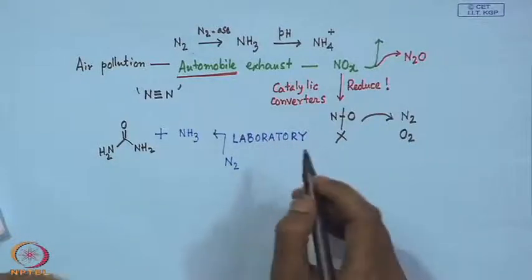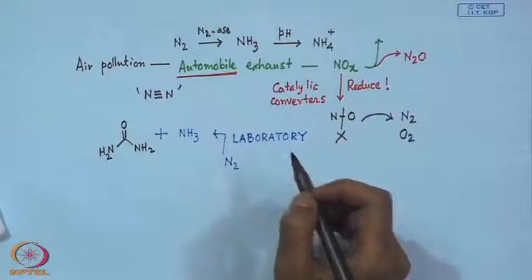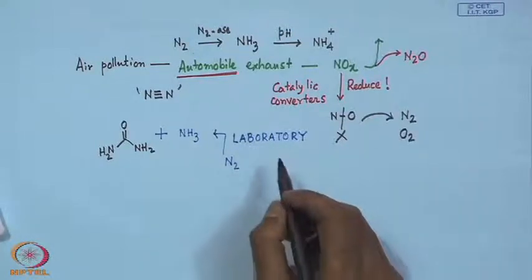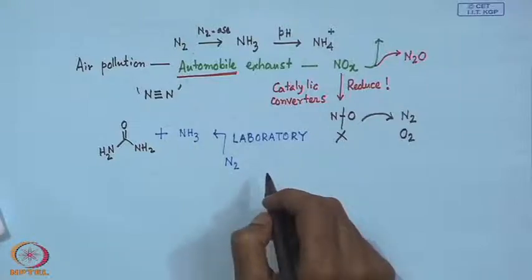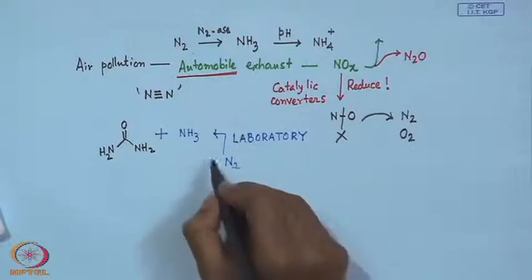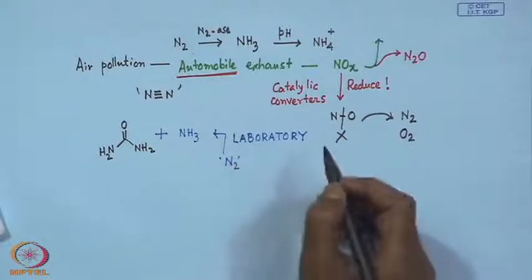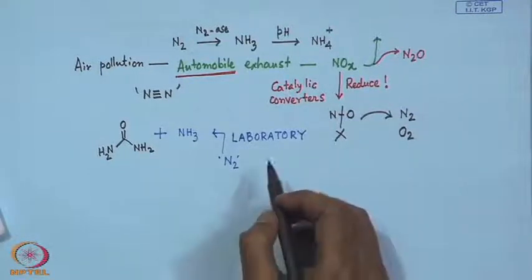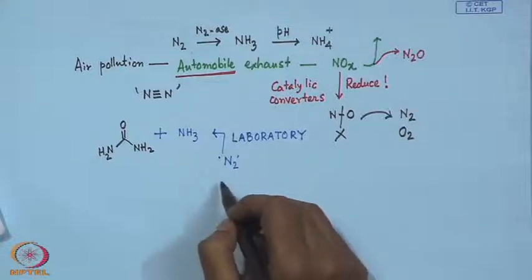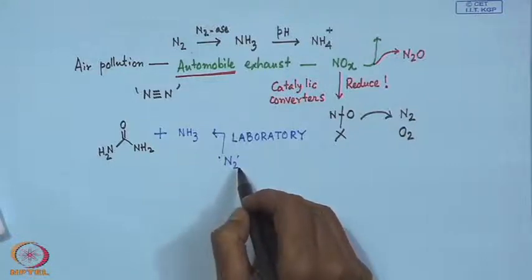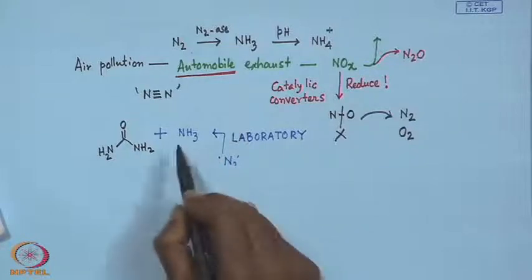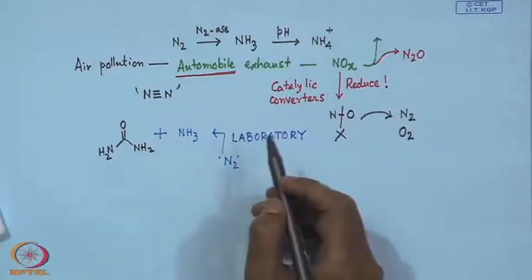If we had a very easy and useful laboratory technique like what bacteria are doing, that means they are doing it in typical atmospheric conditions, that means 1 atmosphere pressure of nitrogen and at room temperature, the temperature available in the agricultural field. At that particular temperature and pressure, we are able to convert nitrogen to ammonia and to urea.